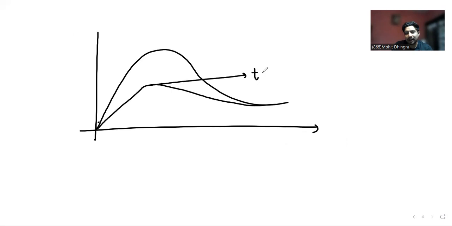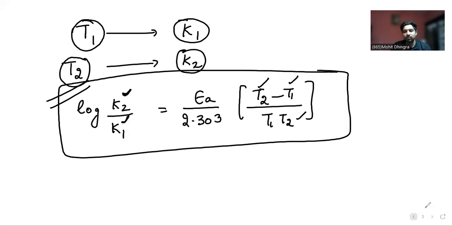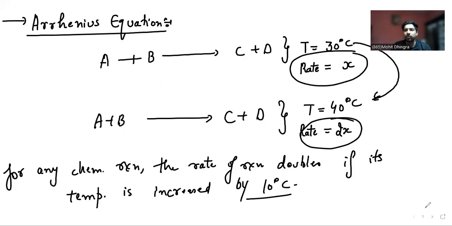This graph is at t plus 10 and this graph is at t, because by increasing the temperature the rate will increase, so the graph will shift. This is at temperature t. This is at temperature t plus 10, meaning the rate has increased, so the graph has shifted. So this is what we have discussed about the Arrhenius equation, very important.